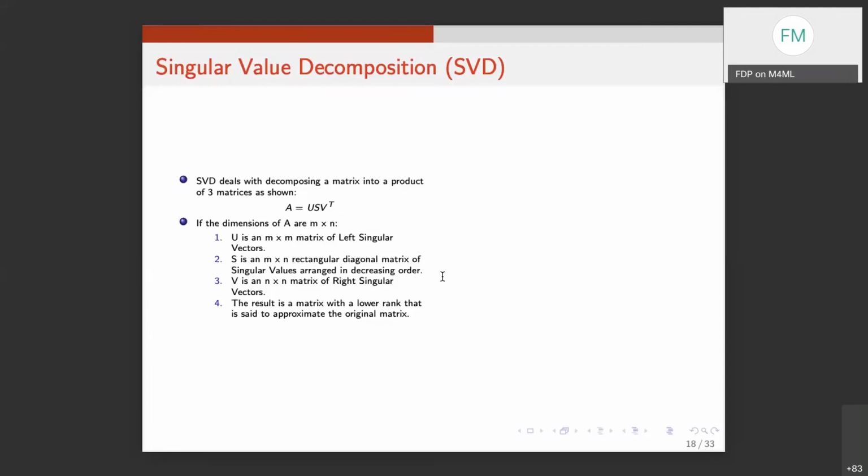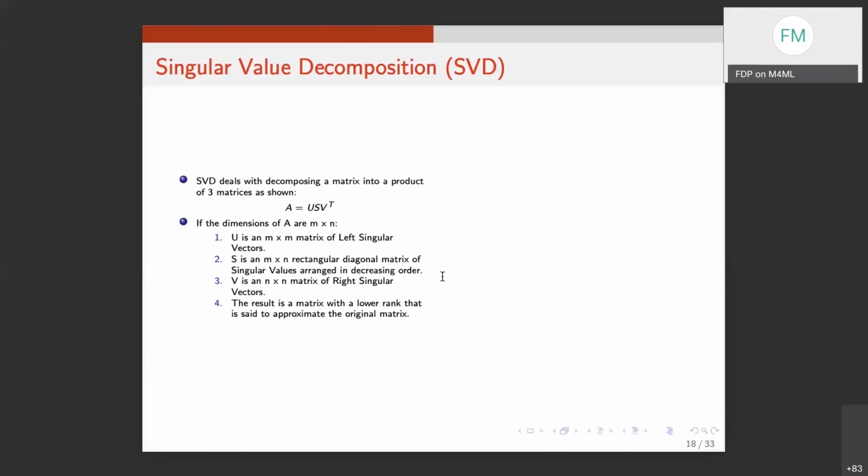We try to decompose this into lower ranks, that is, into rank 1 matrices. When we do this, we find an approximation, and the approximation as a sum of rank 1 matrices gives you the SVD.